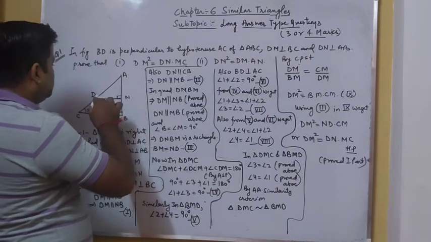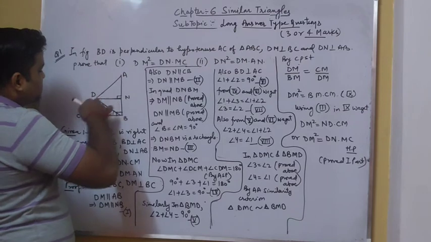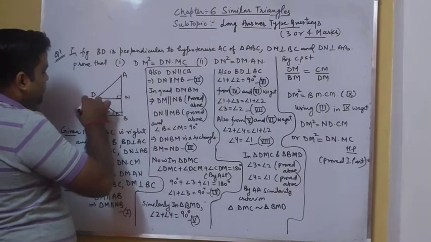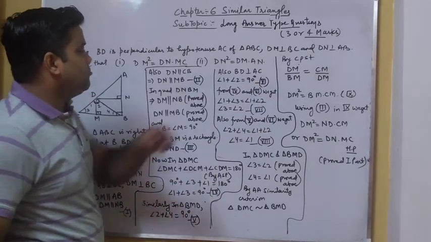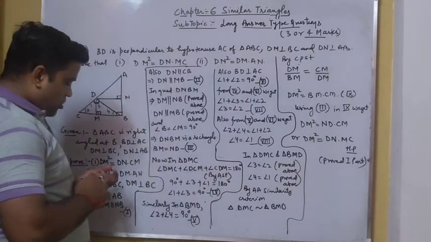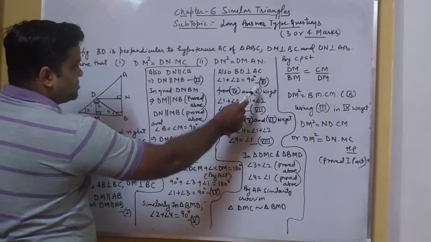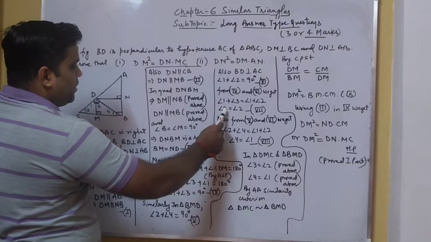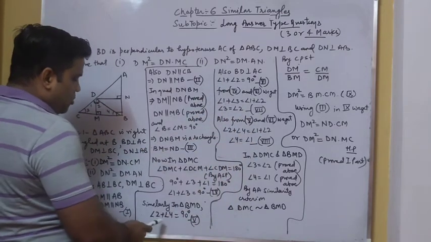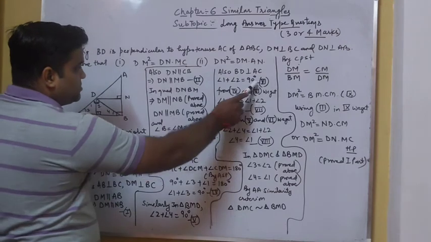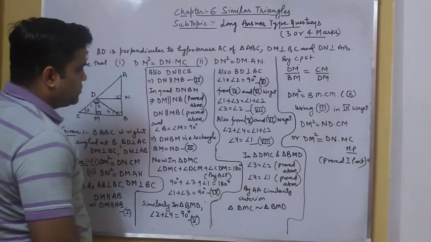As BD is perpendicular to AC, this angle is 90 degrees. So angle 1 plus angle 2 equals 90 degrees, equation number 6. On comparing the fourth and sixth equations, we get angle 3 equals angle 2, equation number 7. Also on comparing equation numbers 5th and 6th, we get angle 4 equals angle 1, equation number 8.